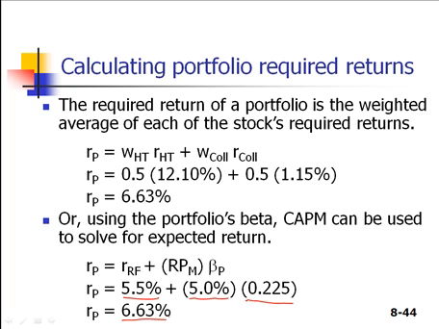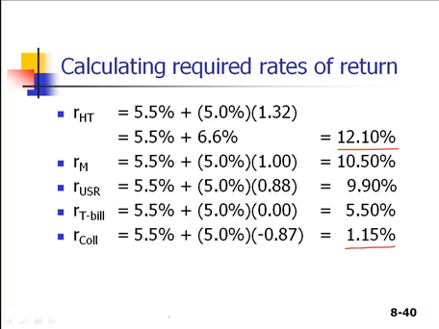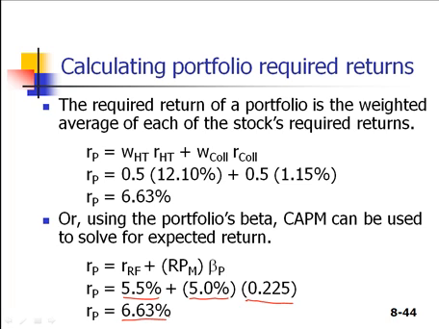It does not matter really which method that you use. Either one will lead you to the same answer. You can either find the beta of the portfolio and then use that in the CAPM equation to get the required return, or you could first use the betas of all of the individual investments here, like we did on this slide, and in this case it would just be those two, and then you could use the required returns resulting from that equation as in the method up here at the top.